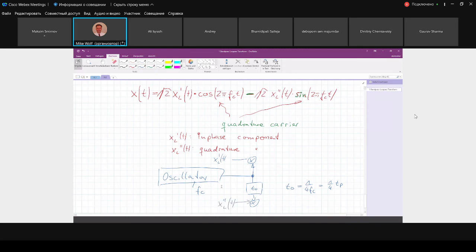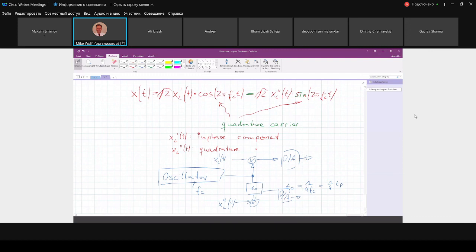I don't need to write the square root of 2 here, this is just for our modeling. Then we have two signals and we use digital-to-analog conversion. Then we have signals, but the carrier frequency is still very low.